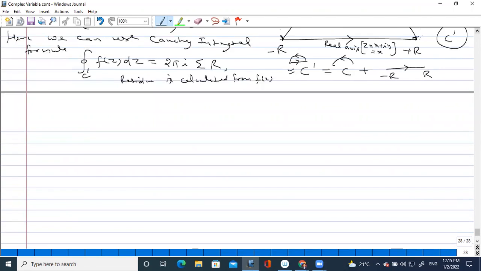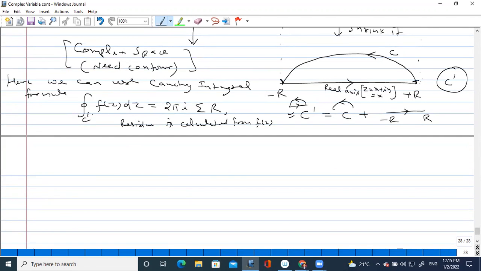Now this C dash is C and the minus r to r line, so these are two things. I can convert this integral of f(z) dz into two parts, and for the line my function f(z) will work as f(x) dx.